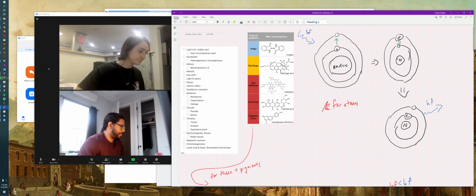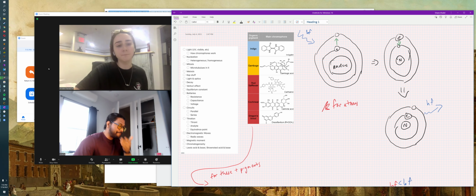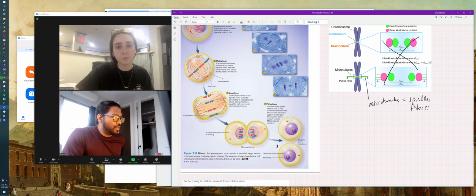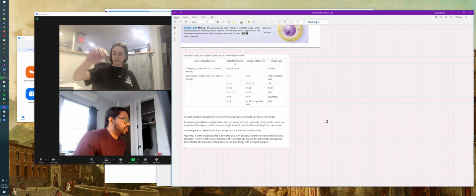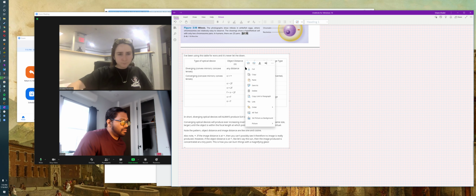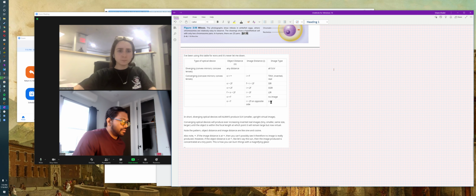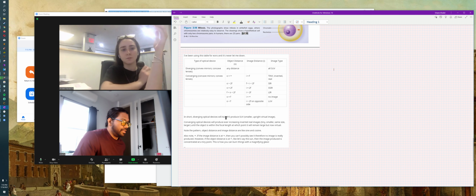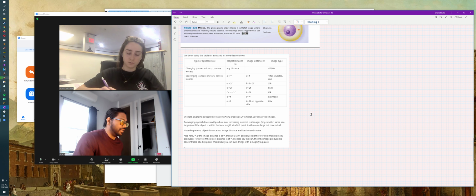Hey. Hi. So do you see the optics thing in your notebook? Yes. Okay, so there's that table, but I also explain the pattern underneath. A diverging optical device, whether it's a mirror or a lens, will always produce a smaller upright virtual image.